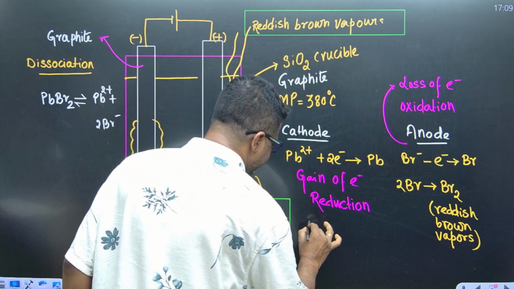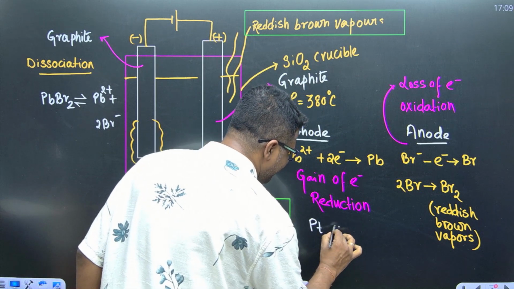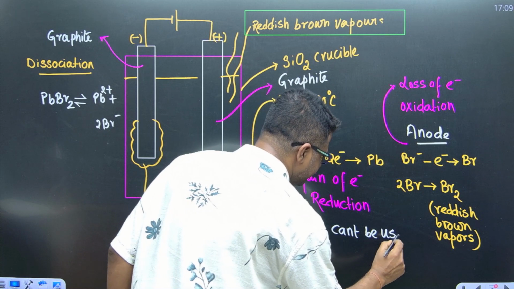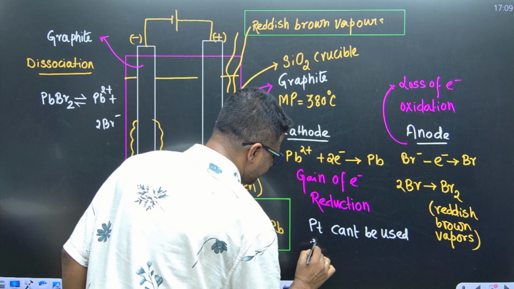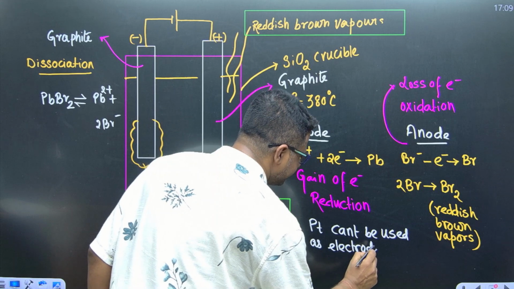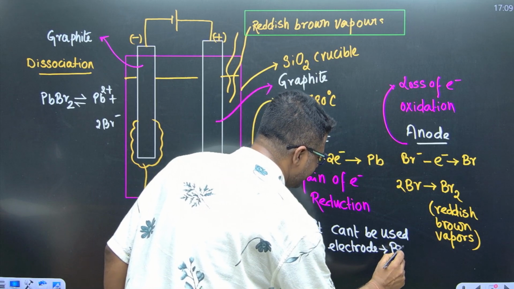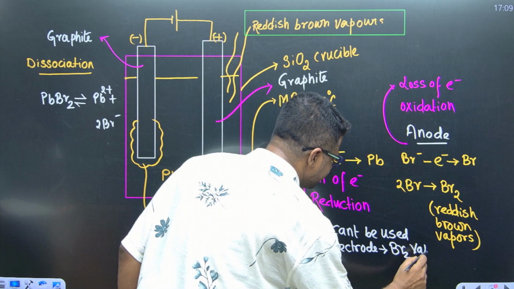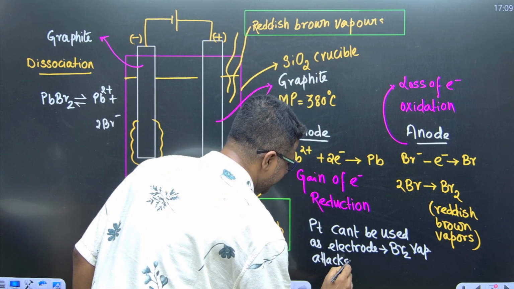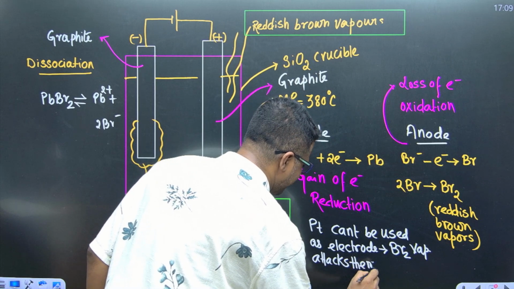Very important point. Platinum cannot be used as electrode. Why? Bromine vapors attack them. Okay, very important. Why platinum cannot be used?